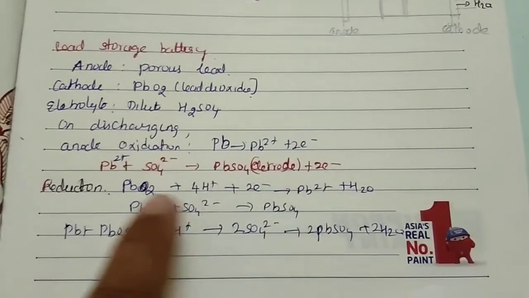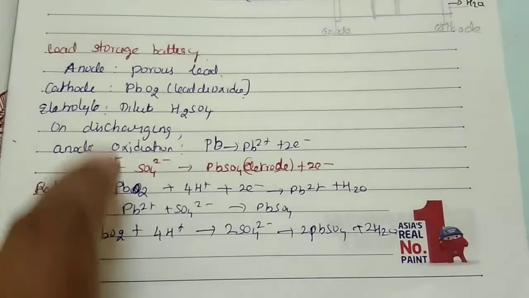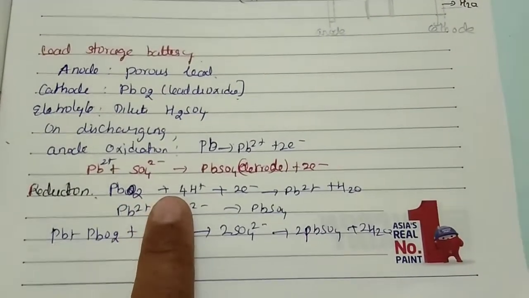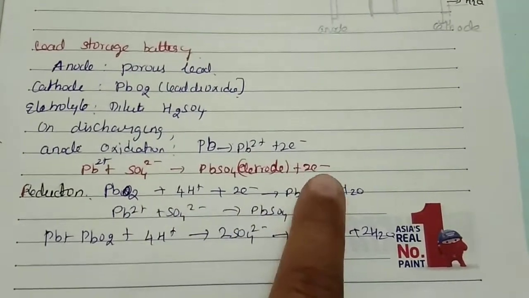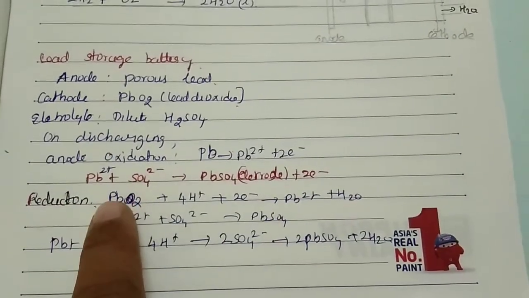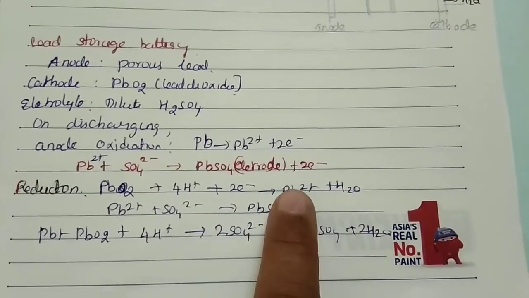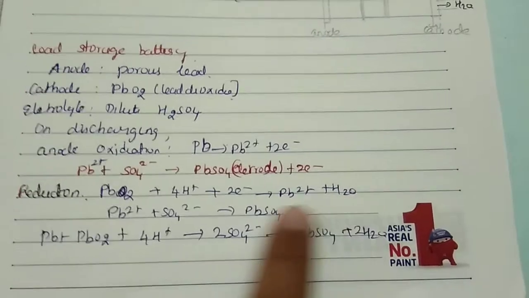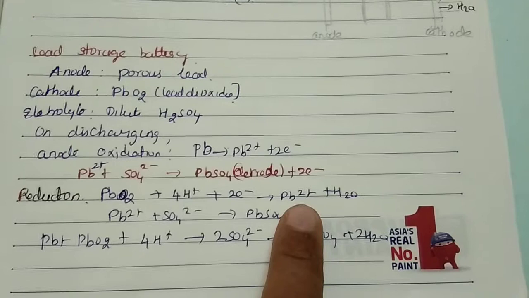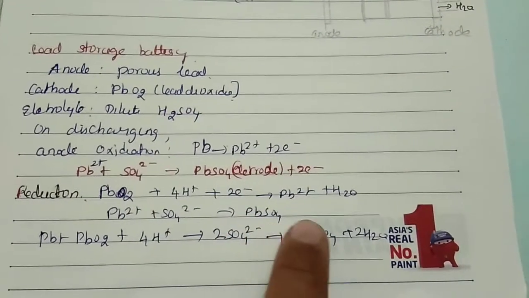Then reduction takes place at the cathode. What is the cathode? PbO2. That PbO2 plus 4H+ accepts 2 electrons which were released at the anode, and we are getting Pb2+ plus 2H2O. Next, that Pb2+ also combines with SO4 2- ion and forms PbSO4.